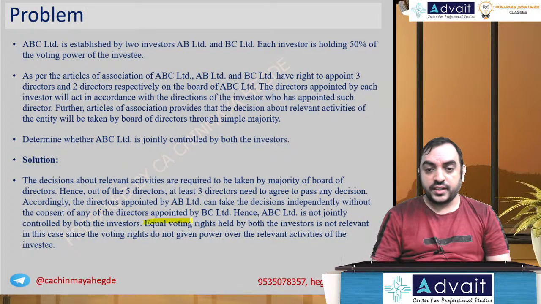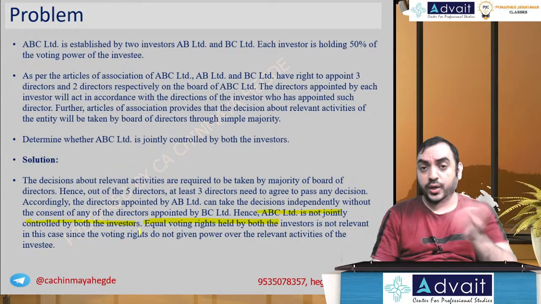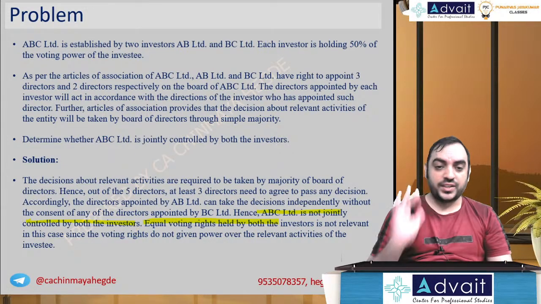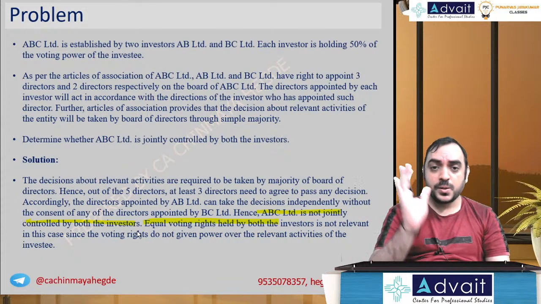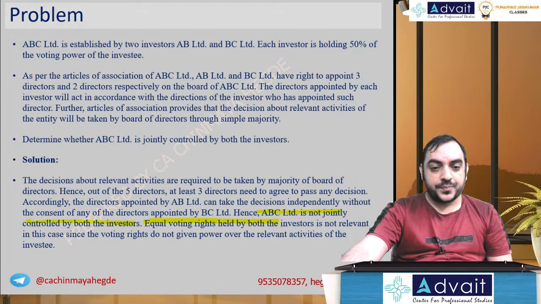So equal voting rights do not matter. ABC Limited is not a jointly controlled entity. In fact, it is controlled by AB Limited, so they are a holding subsidiary, not a joint venture. Voting power does not matter; composition of the board is important. Okay, hope you got it.